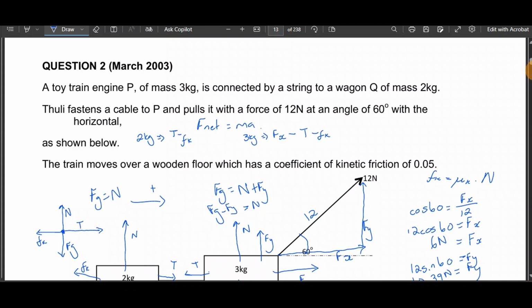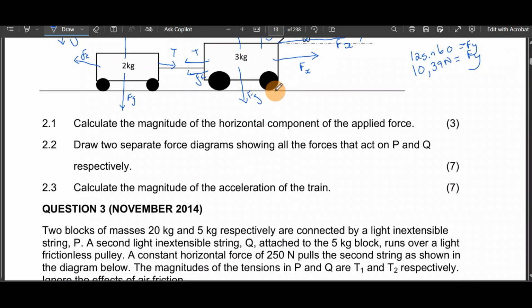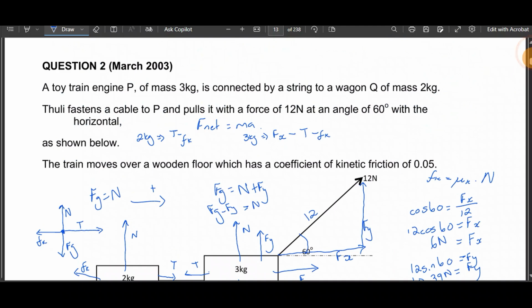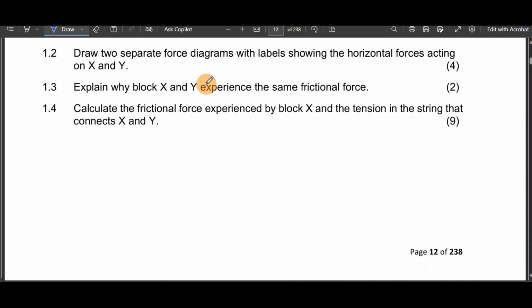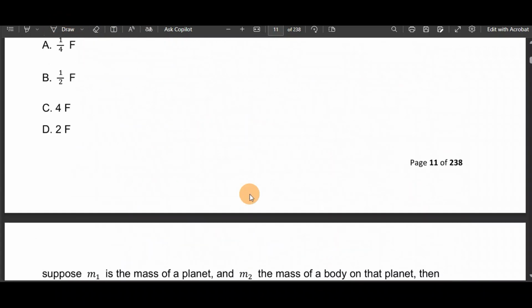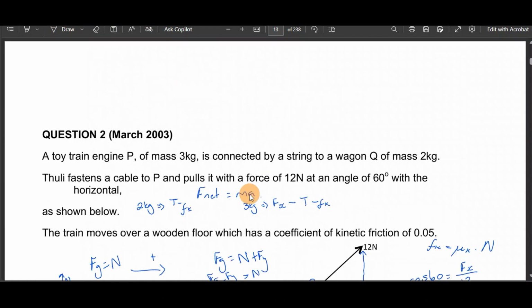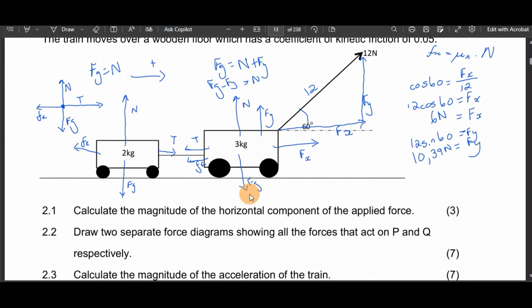Okay, so to find Fg of this, we know that Fg is equal to what? mg, which is the mass in kilograms times the gravitational acceleration, right?